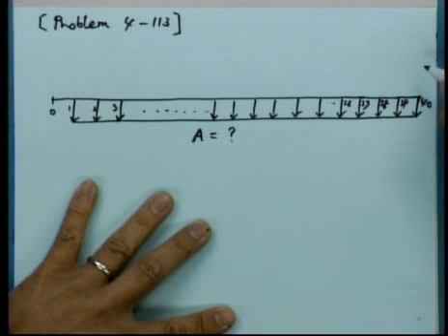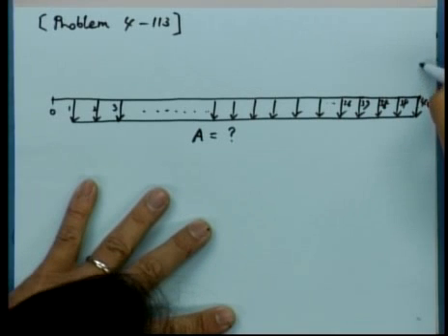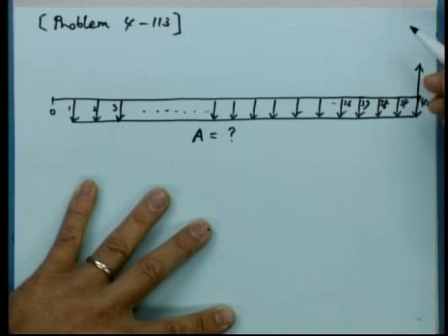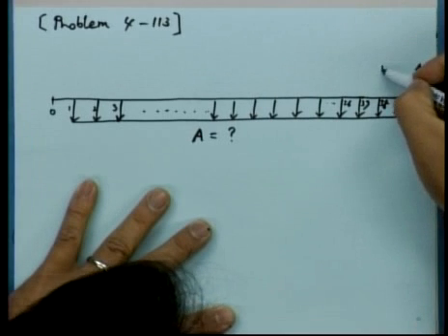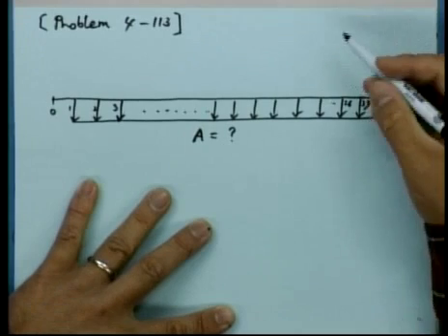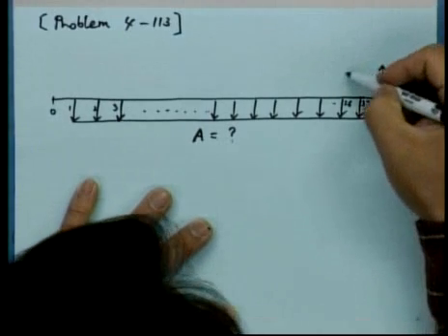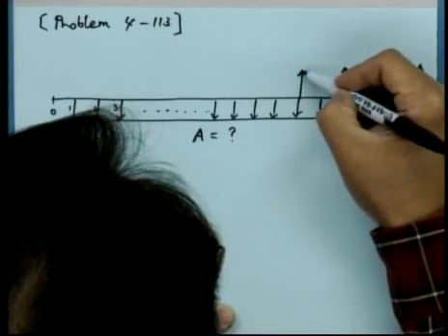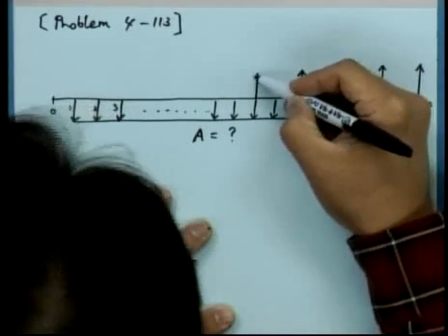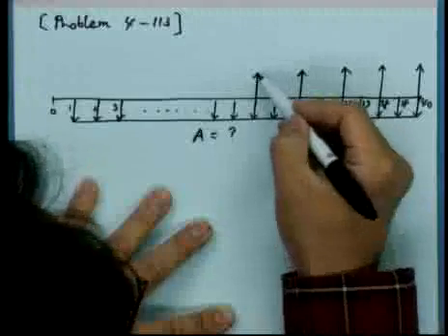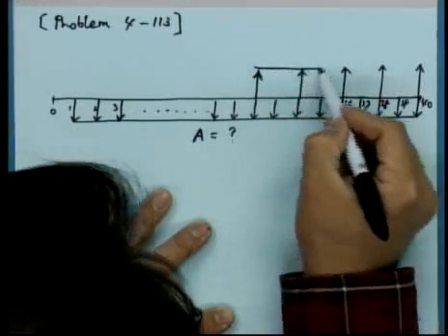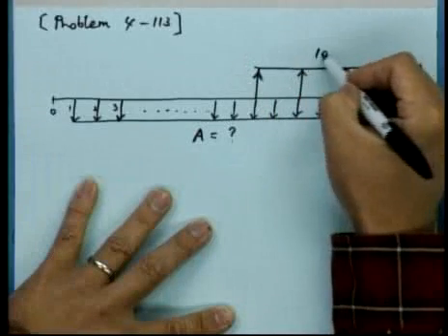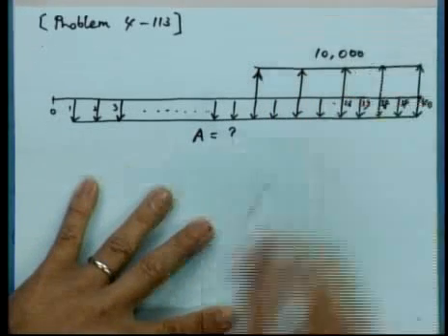So at the end of each of the last 5 years of the 20-year period, so 1, 2, 3, 4, and 5. This amount is the same as $10,000. Is that right?